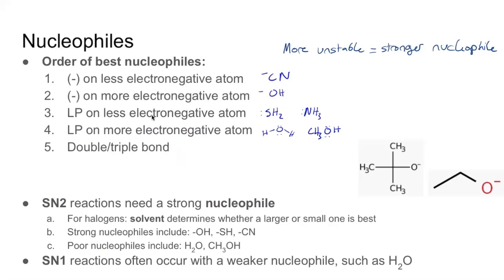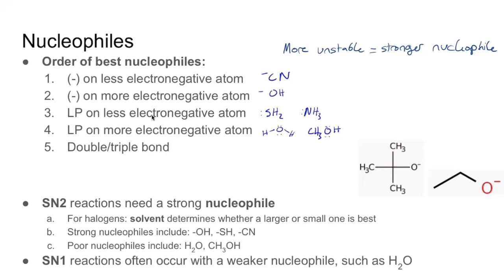Another factor that you might want to consider for nucleophile strength is the steric hindrance of the nucleophile. In general, it's harder for a big molecule to move quickly in comparison to a smaller molecule. This is a molecule called tert-butoxide. Samantha's going to talk about it a little bit later in the lecture, but basically it has a lot of steric hindrance.